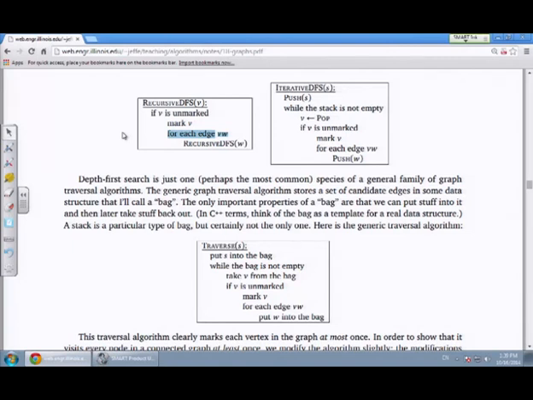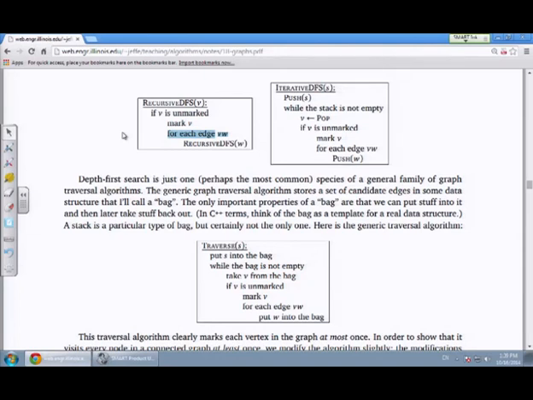For every vertex, I spend a constant amount of time checking to see if it's marked and marking it. And for every edge, I spend a constant amount of time, the constant is 2, glancing down that edge and recursively calling DFS at the node at the other end. Okay.